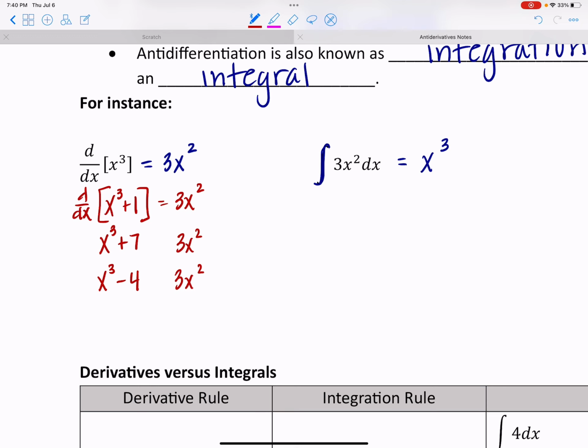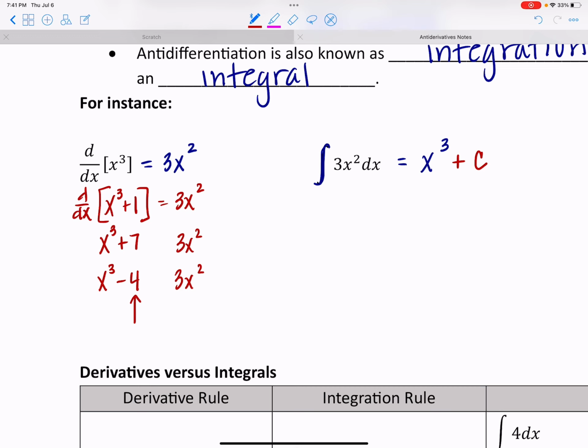So the idea is when we're working backwards, we should be able to take the derivative of this and land here. Now we can absolutely take the derivative of x cubed and get to 3x squared, but there's no guarantee that there wasn't a constant of some sort on that function. So because there could be a constant here that zeroes out when we take its derivative, we have to account for that when we integrate, when we antidifferentiate.